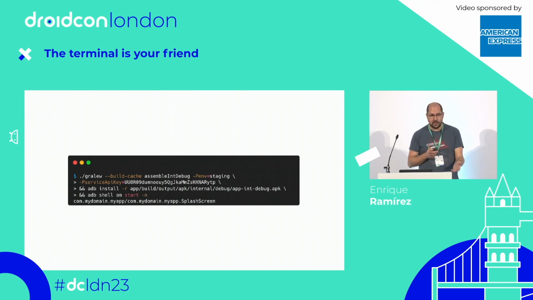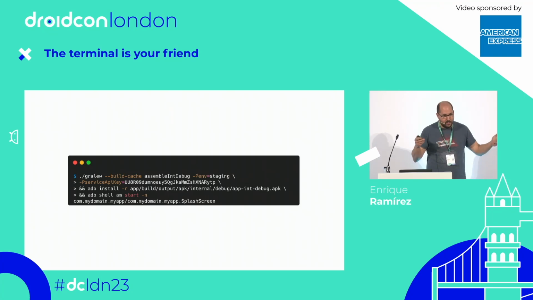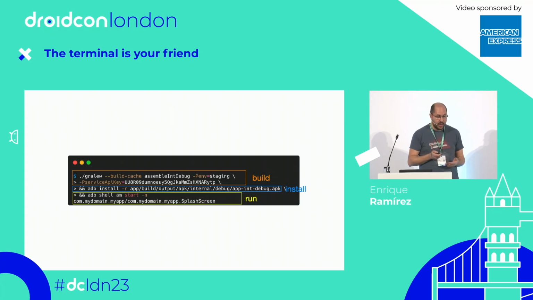If you need to pass the environment, if it's not passed through the Gradle task, or maybe you have to pass a service key or an API key for the debug build, you need to do those massive things. You need to at least do building, installing, and running, and that could be like remembering all of that, or going back into your history to do that.